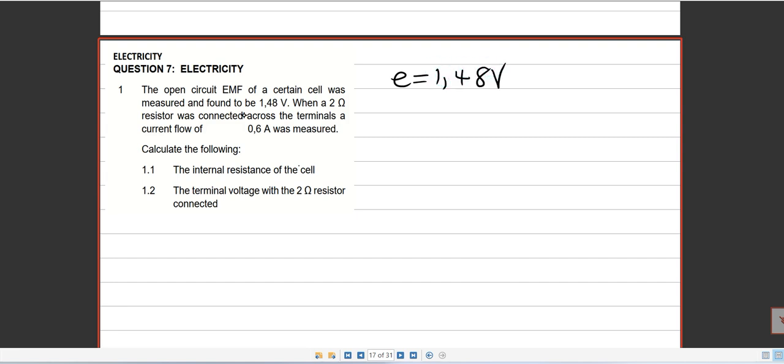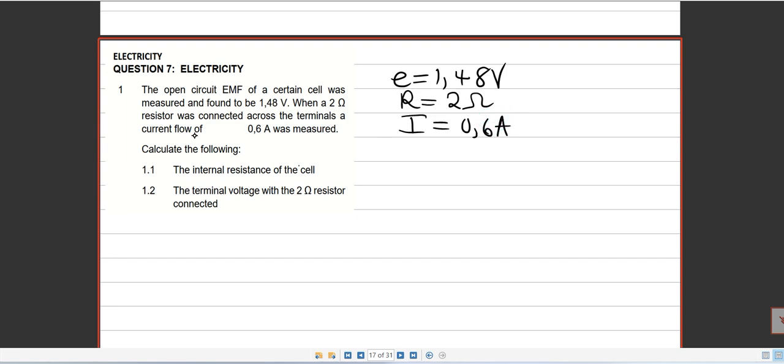It says when a 2 ohm resistance was connected across the terminals, a current flow of 0,6 amps was measured. So we are given this resistance of 2 ohms connected across the terminals, and a current flow of 0,6 amps.